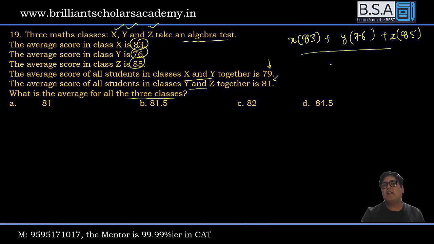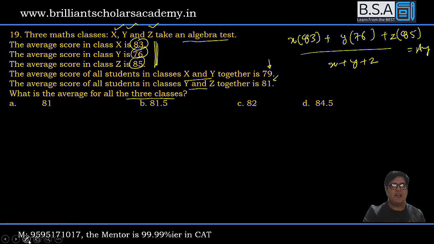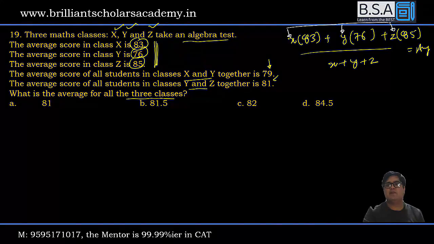Total marks divided by total students should be the average. Average is already given to you. What the question is not disclosing to you is the number of students in each class. So if you can find X, Y, Z or find a relation between X, Y, Z, your job is done. And for that, these hints are given to you.